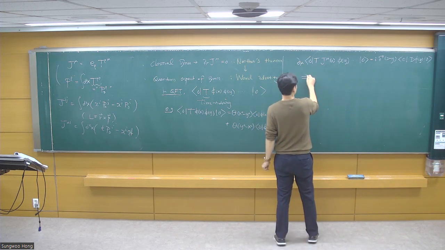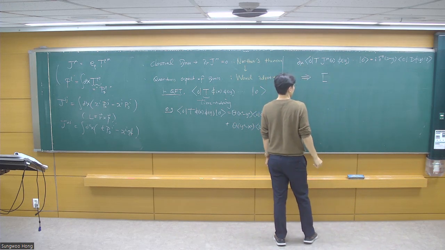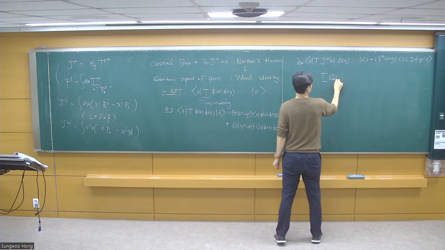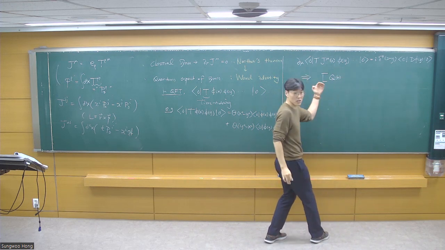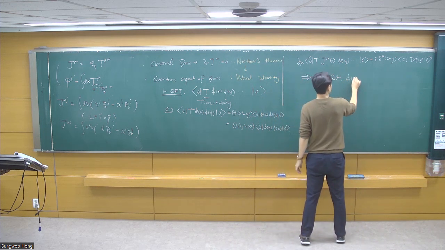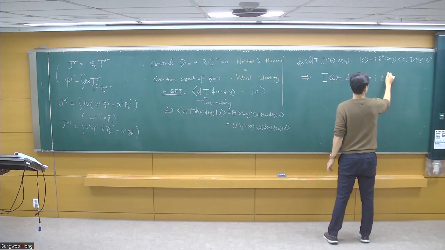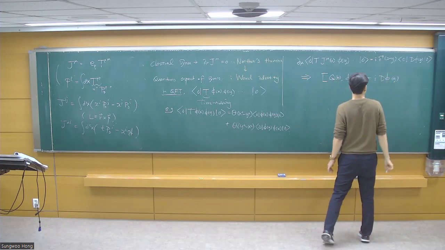So the claim is that this implies that Q of t, now charge operator, not just charge function, this is charge operator, everything is a function, also an operator, acting on the charged object is equal to i times the transformation of that field.